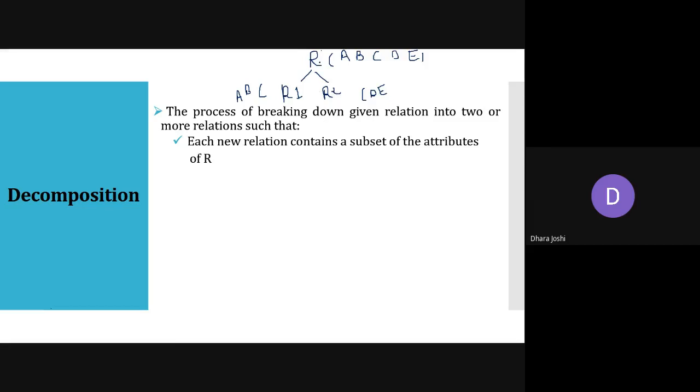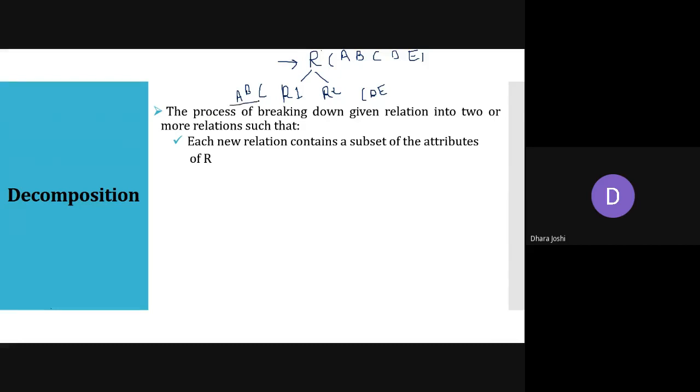For example, your entire class is R, and these are your lab batches A, B, and C. If you merge lab batch A students, lab batch B students, and C students together, then it should equal R. In R, I have information like your enrollment number, name, batch, mentor name, and result. In the lab batch detail, I have the same kind of detail, but maybe in lab I don't require the lab batch or your mentor name.